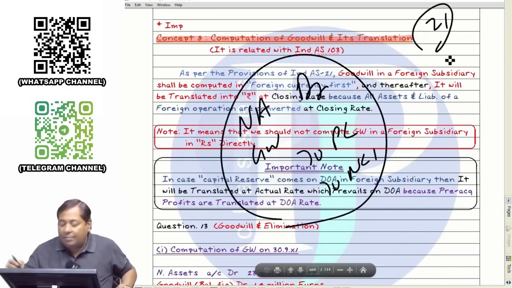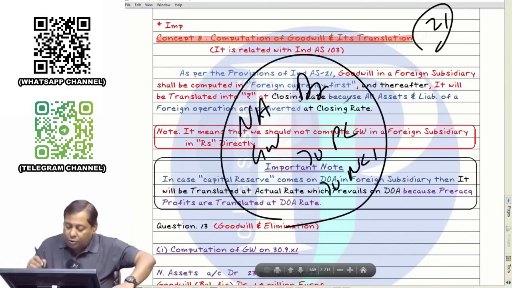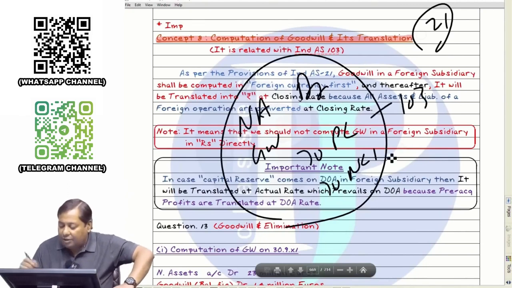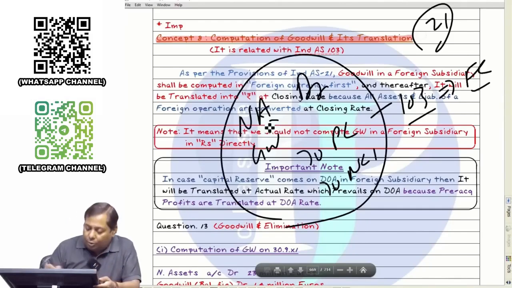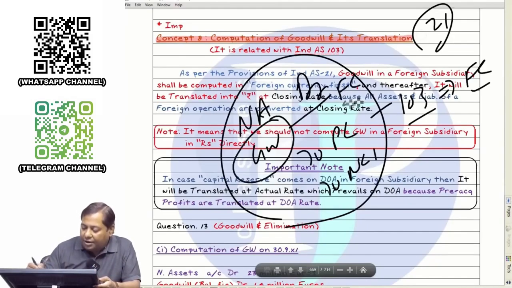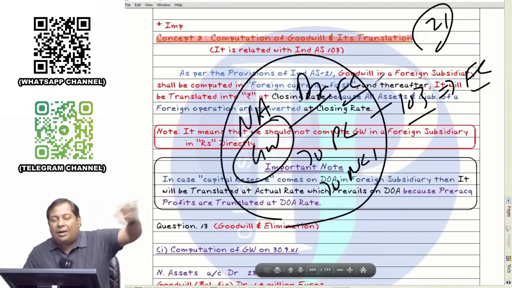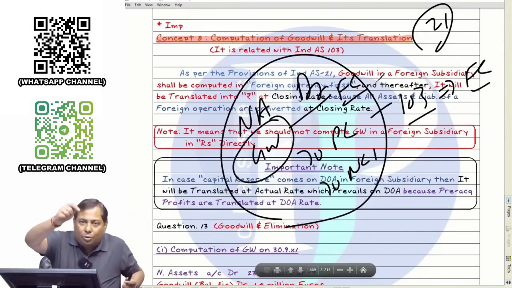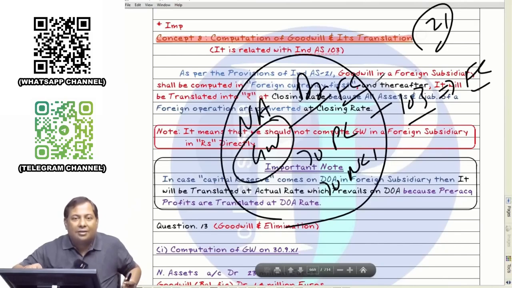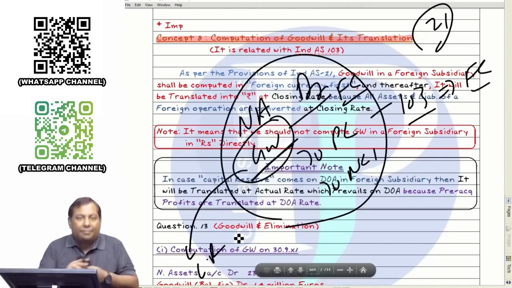Here Ind AS says that if you buy control in a foreign company, the initial recognition with regard to 103 will be done in foreign currency first. This goodwill calculation will be done in foreign currency. If you are investing in a foreign company sitting in India and controlling it, and you call it a business combination, then the goodwill that arises will be in foreign currency. When goodwill is in foreign currency, it will be translated at the closing rate.